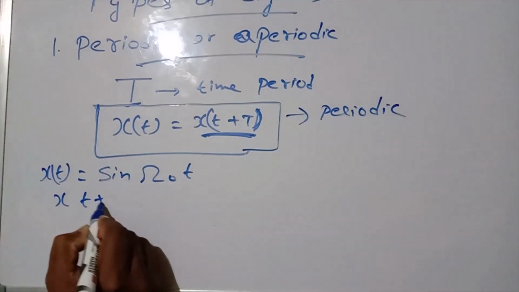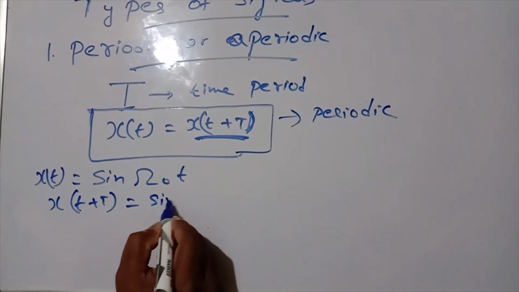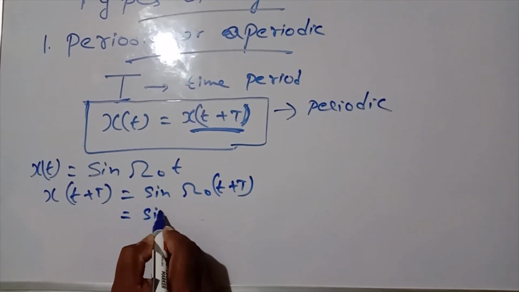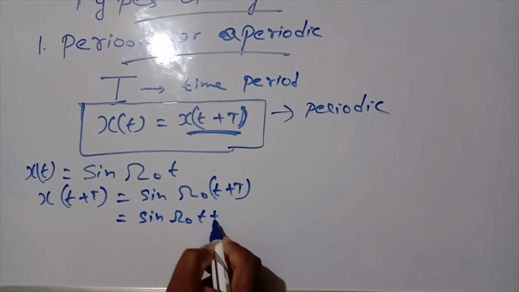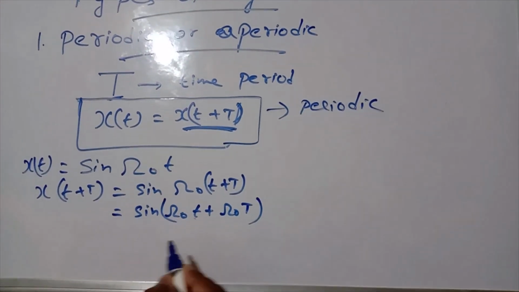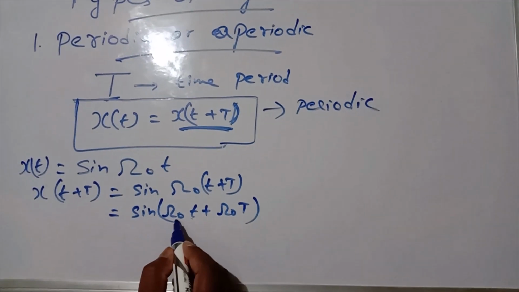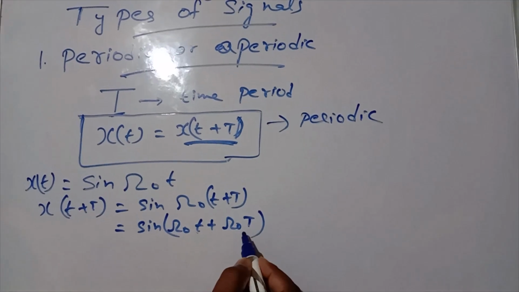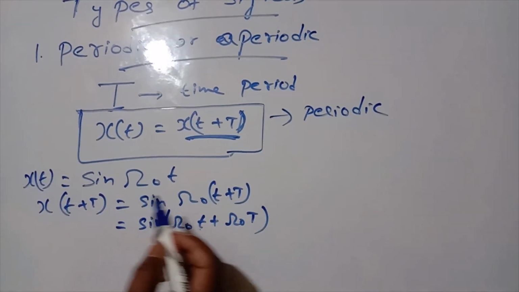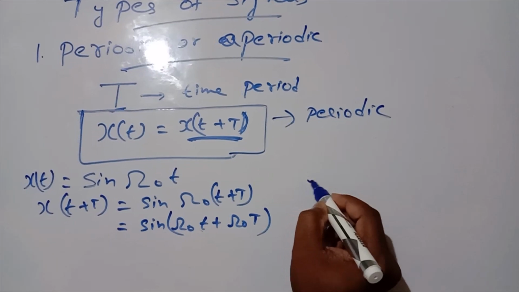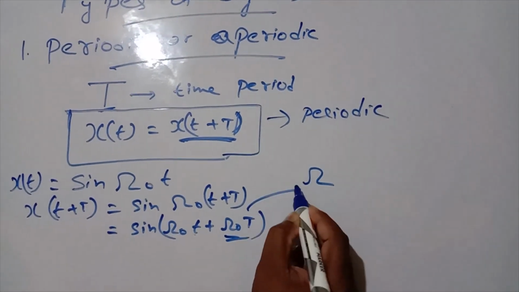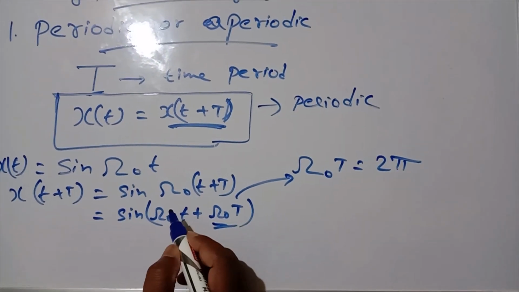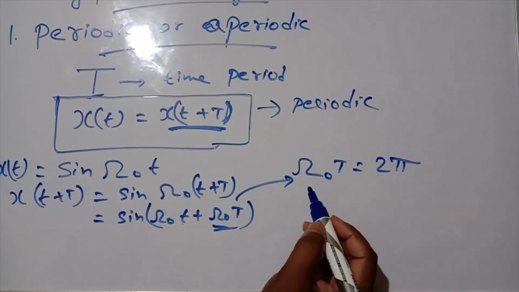So for x of t plus capital T, we get sine omega 0 times t plus capital T, which is equal to sine omega 0 t plus omega 0 capital T. This will be equal to sine omega 0 t only when omega 0 T is equal to 2 pi.